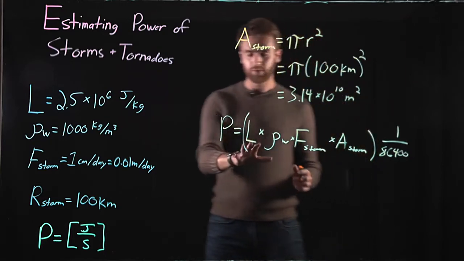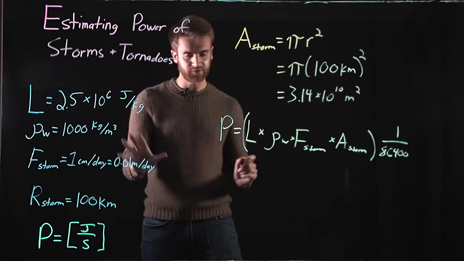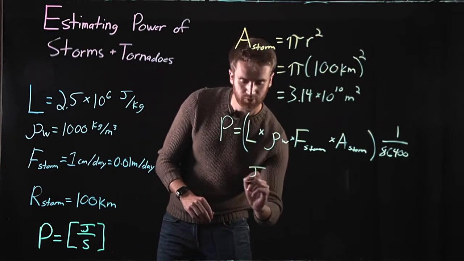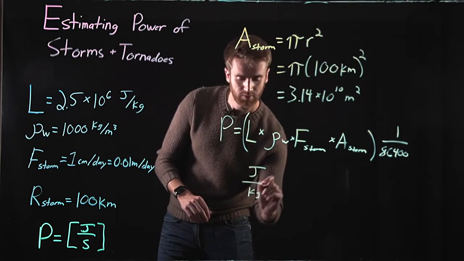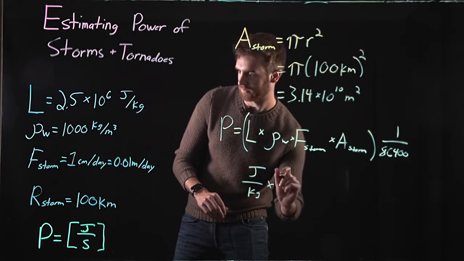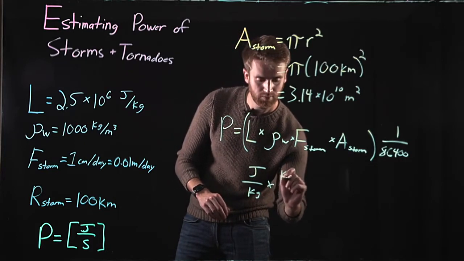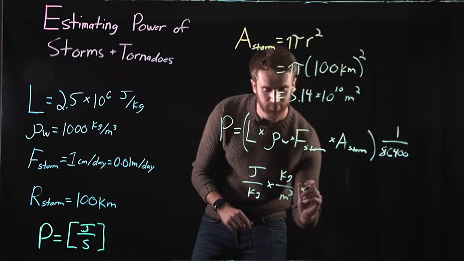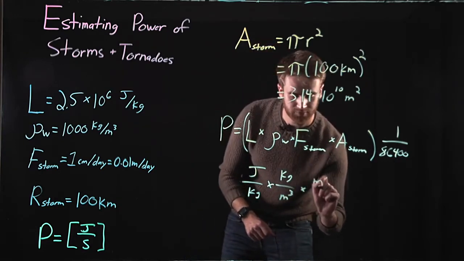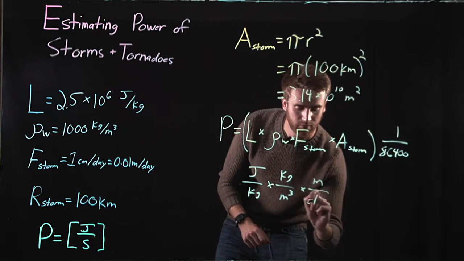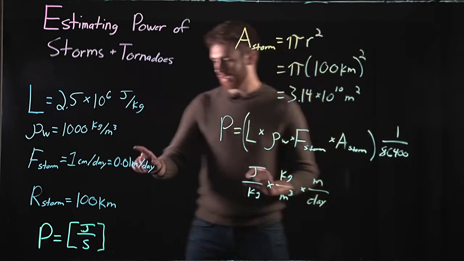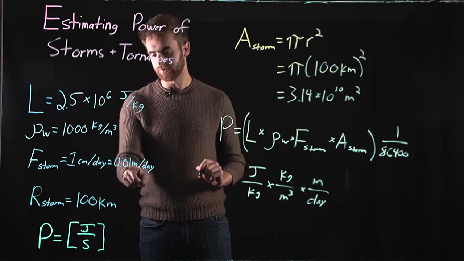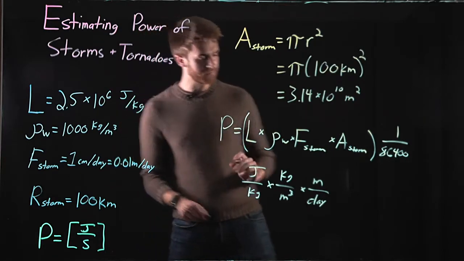Okay, so if we were to plug in our units here just to make sure it works, we have joules per kilogram times kilogram per meter cubed times meters per day. And 1 centimeter per day is equal to 0.01 meters per day.